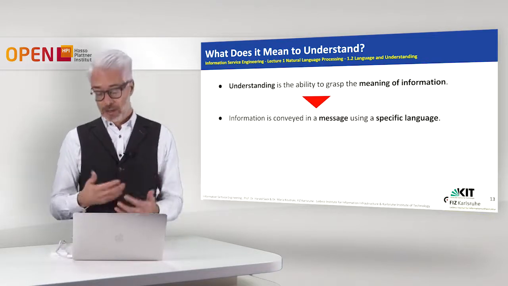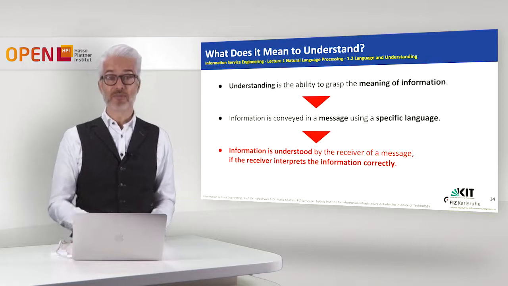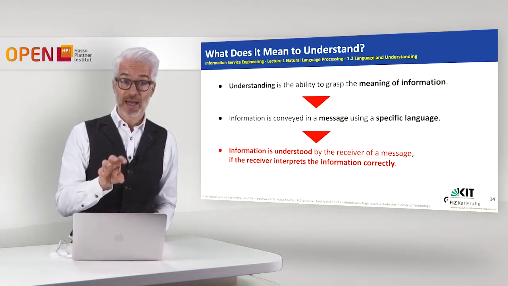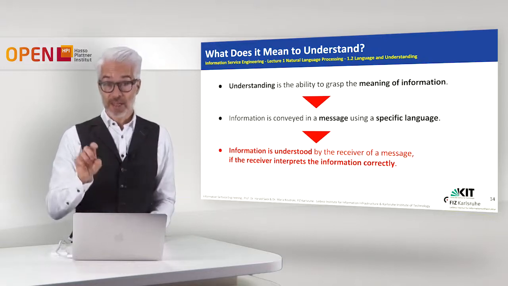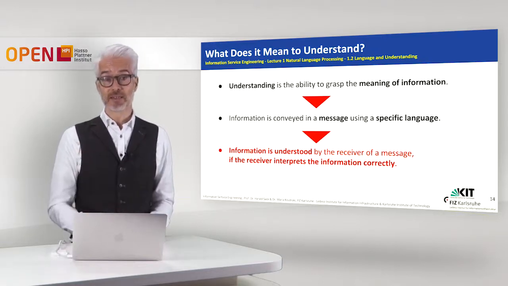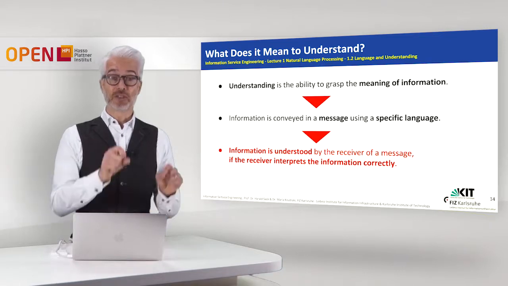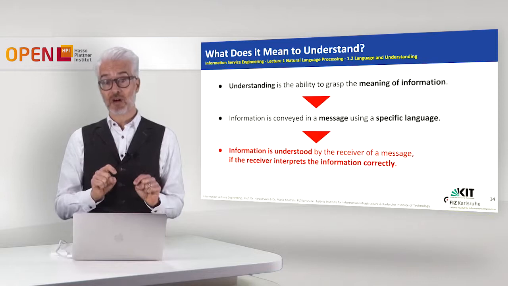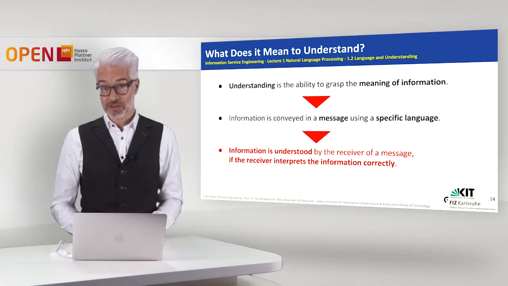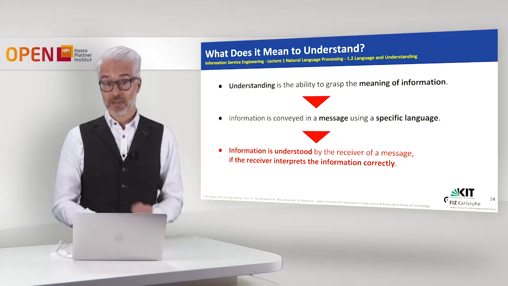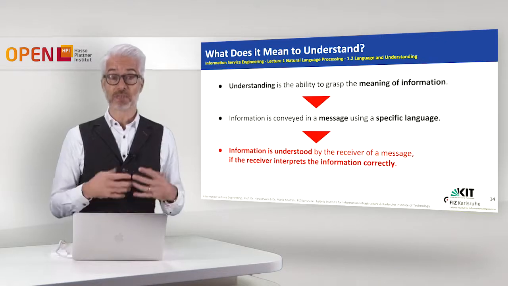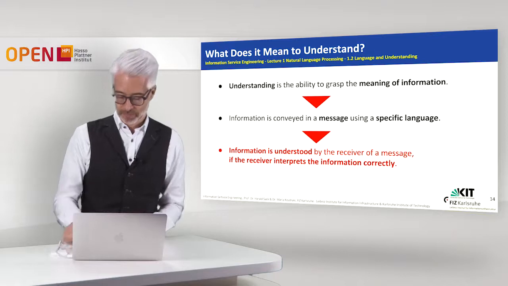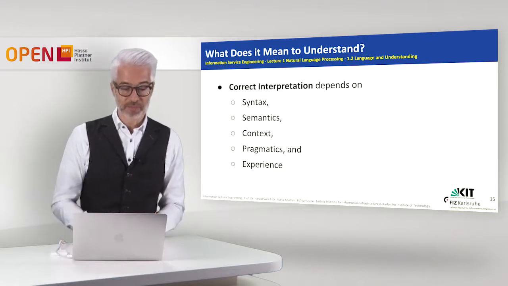So to understand information, the receiver of the message has to interpret the information correctly. Understanding always is the correct interpretation of the meaning of a message. This is really important when you define how information is understood, but we will get back to this later.